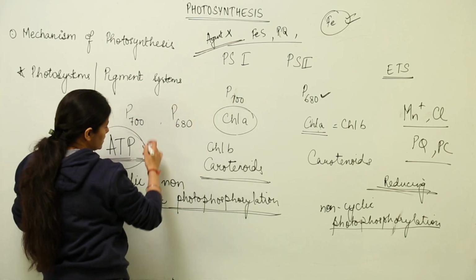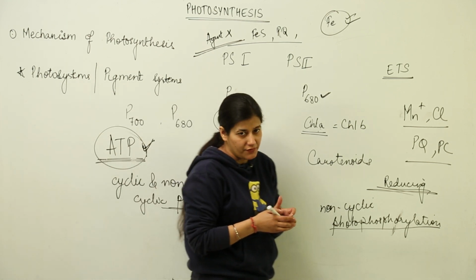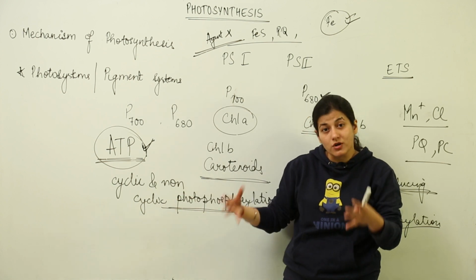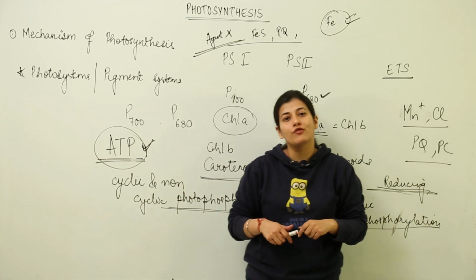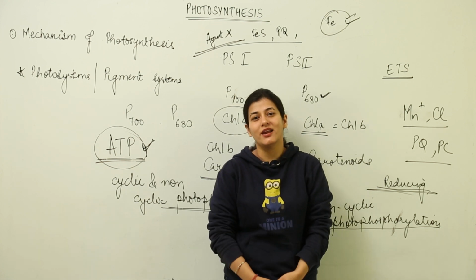So this photosystem would be involved in the formation of ATP. How would it take place? For that we have to study the cyclic and non-cyclic photophosphorylation processes which are part of the photochemical phase of photosynthesis, that we study in next lessons.